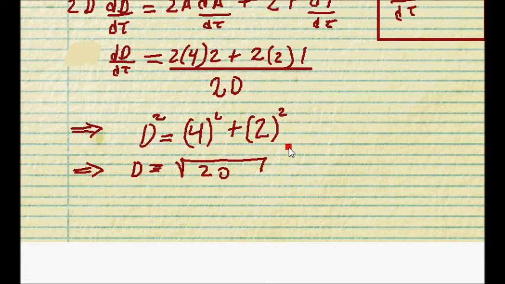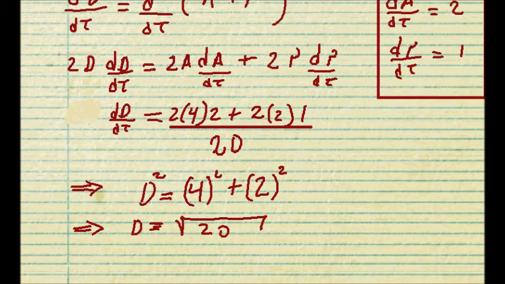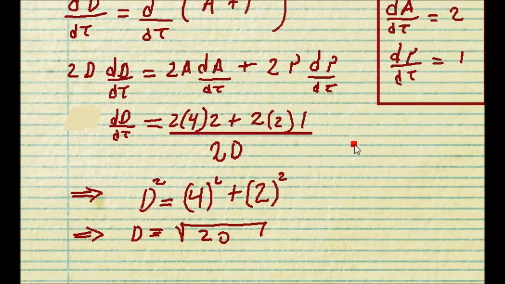So we have this information here. This is going to be equal to 16 plus 4, which is equal to 20 over 2 times the square root of 20.